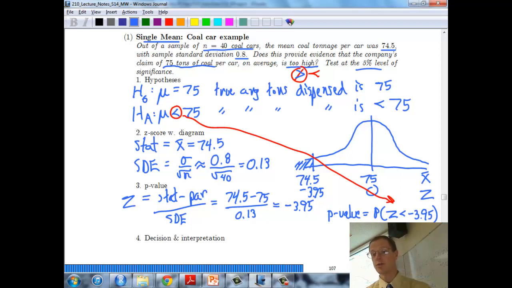Therefore, it says use the following approximation, 0.0001 for values less than negative 3.49. So that's my number. So right here, p-value is 0.0001.